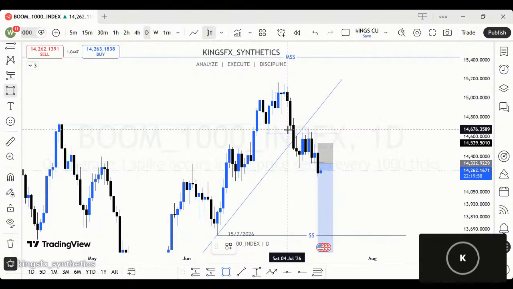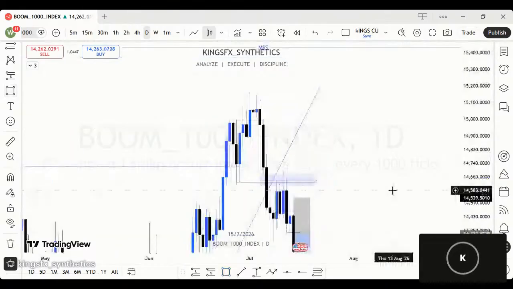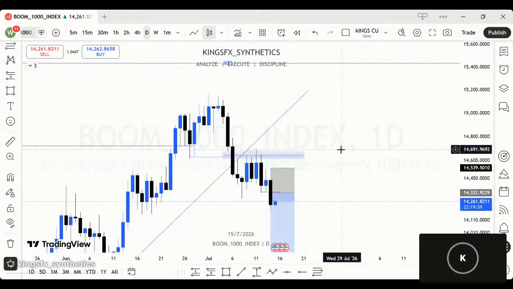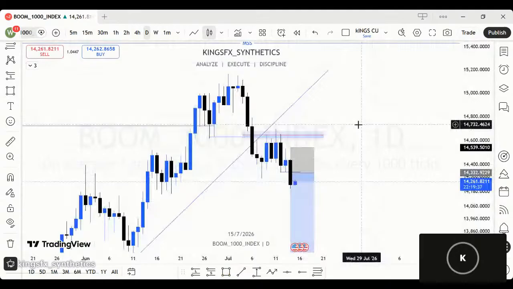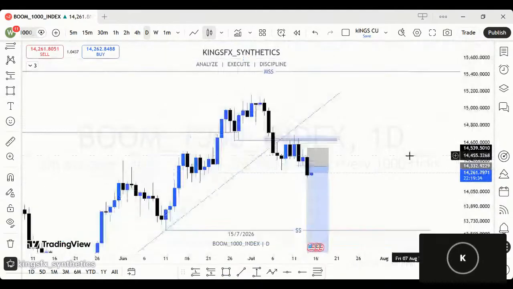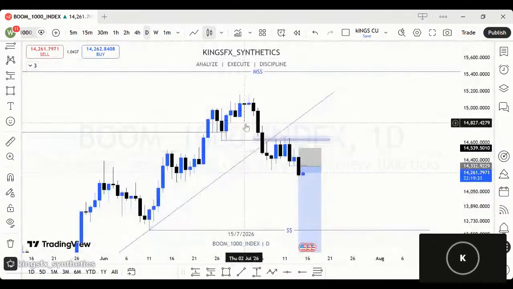Now, someone will ask, why did we not pick this fair value gap? Personally, this fair value gap up here is very much valid. But the reason why I didn't take it is based on my trend line principle. My area of concentration right now is around this breakout and retest area.